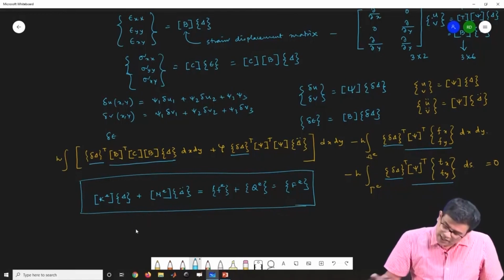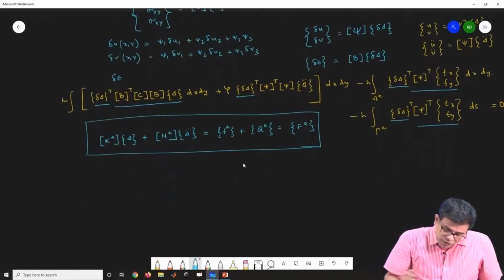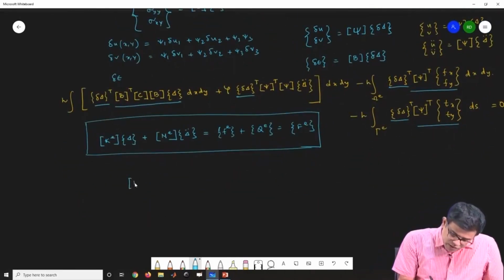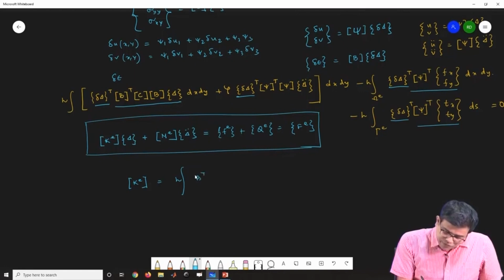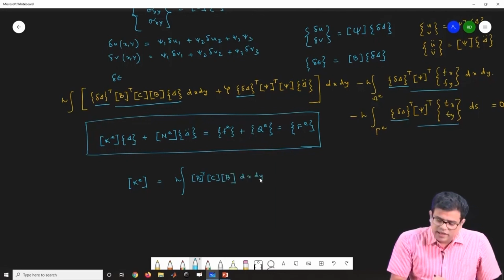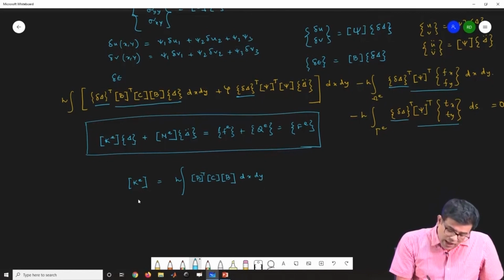Now what is my Ke? My Ke will become the integral over the volume, H can be a function of x, so B transpose C B dx dy. This is my K matrix. And then what is my ME matrix?